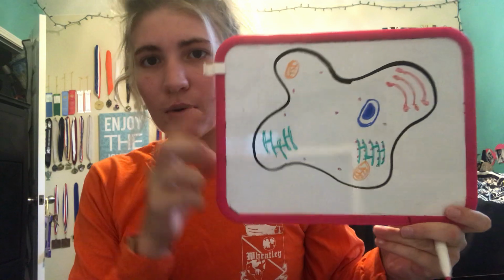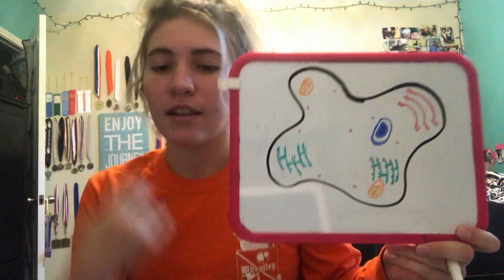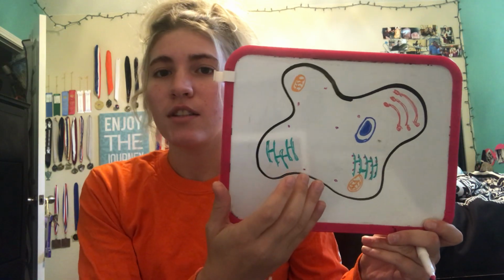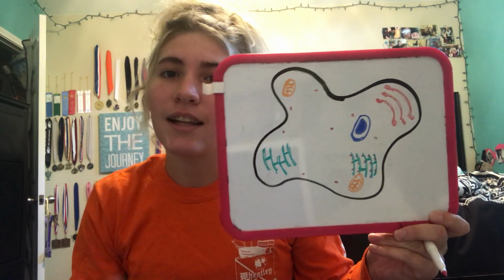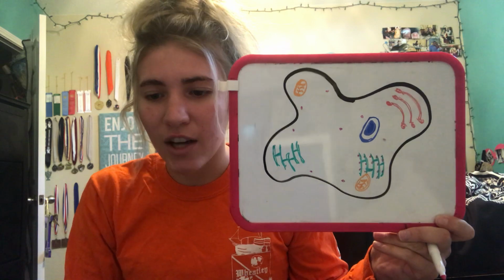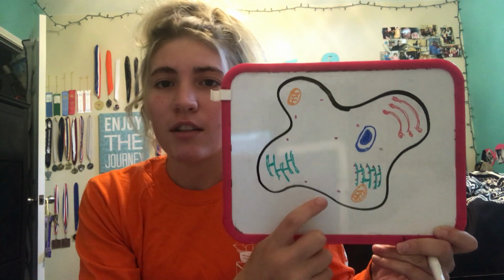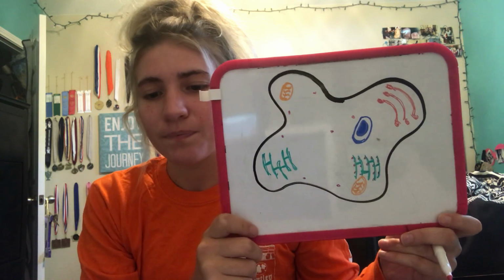And I also stated that they can float freely in the cytoplasm. The cytoplasm is just the interior of the cell. It's a jelly-like substance that's 80% water, and it holds all the organelles in, and it's often referred to as cytosol.